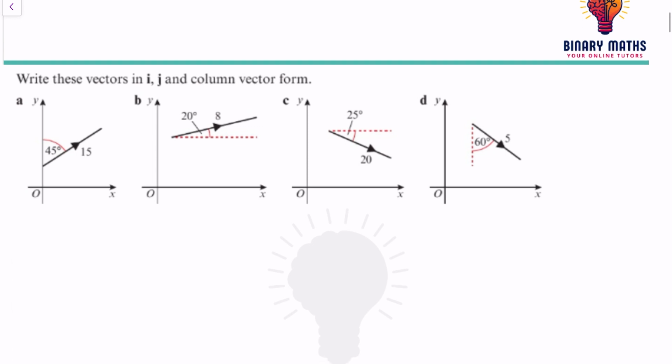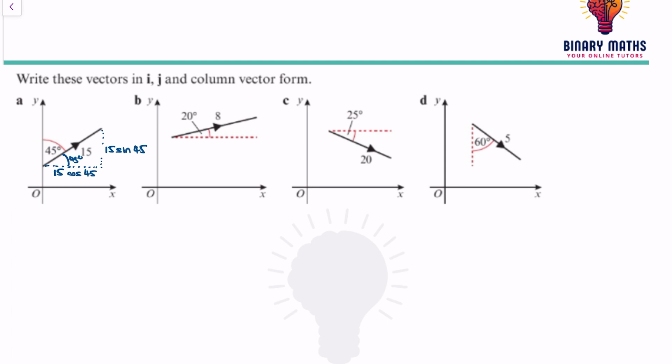So A. If this is 45 degrees, then if I draw a line going horizontally, this is also 45 degrees. The side opposite the angle will be 15 sine 45, and the one adjacent to the angle will be 15 cosine 45.